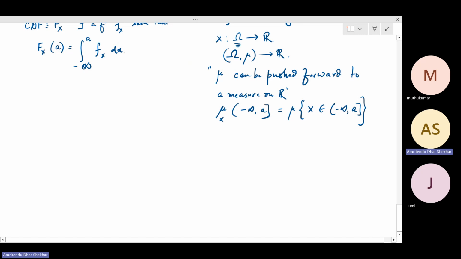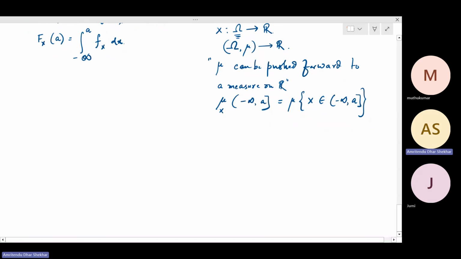So the random variable x is a way to push this measure on omega to a measure on R. This measure is precisely what we call the distribution on R, and you often write it as this CDF function.